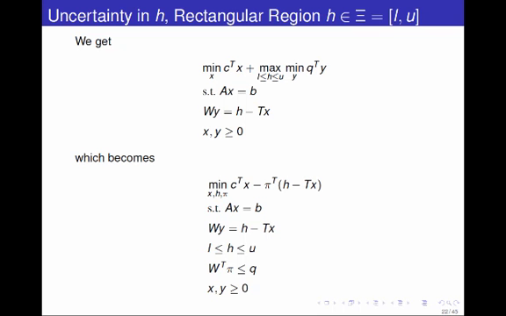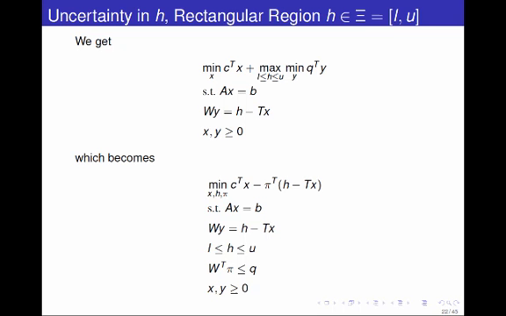Now, if you recall from last class, for the two-stage stochastic linear program, we had a setup like this.